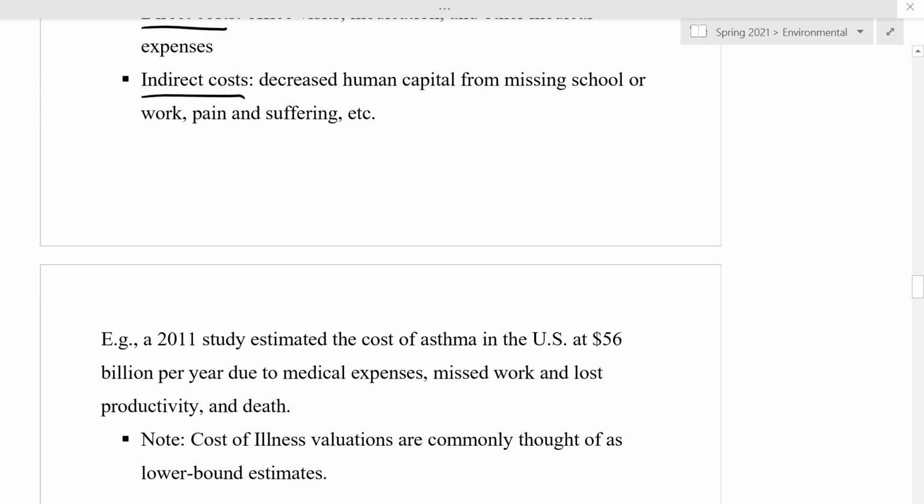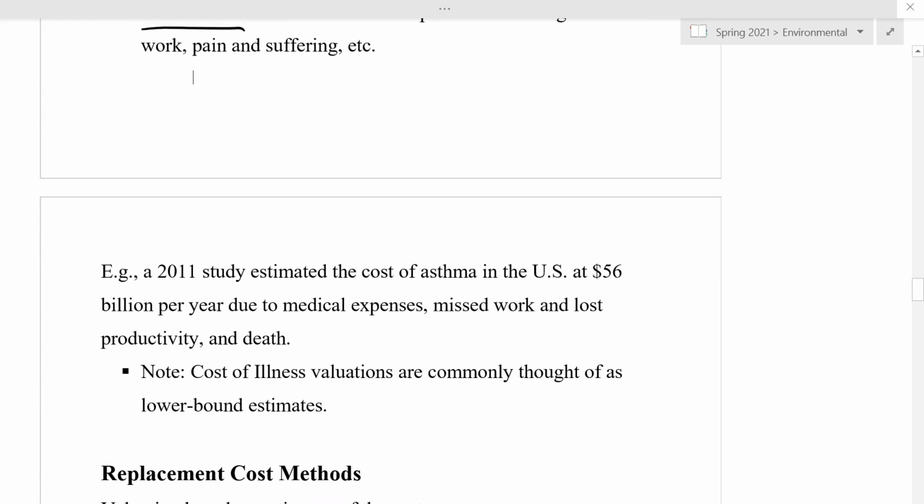And so, as an example from the academic literature, a study estimated that the cost of asthma is $56 billion per year back in 2011, just due to the medical expenses, productivity, and death.